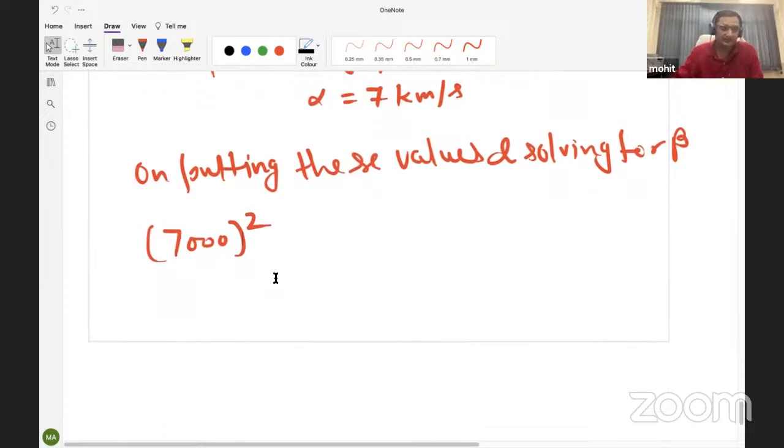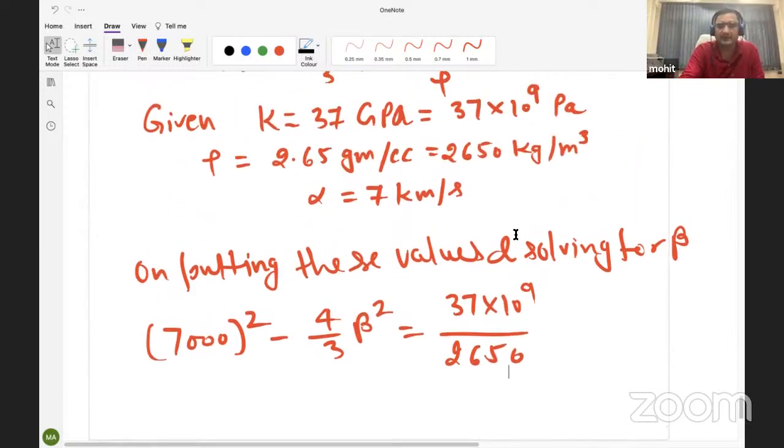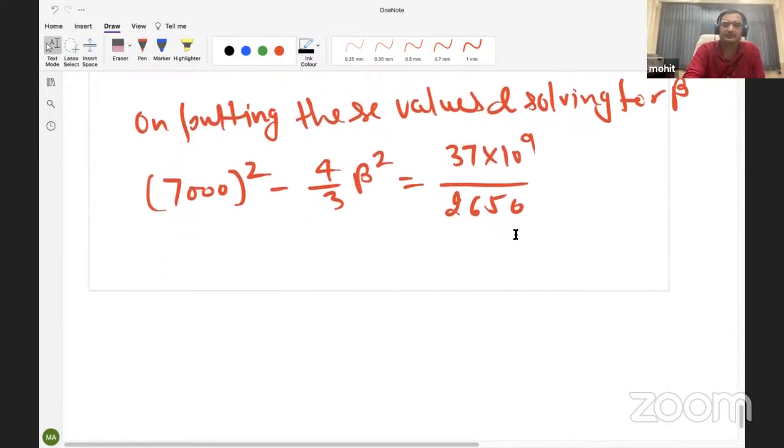So 7,000 square minus 4 by 3 beta square is equal to 37 into 10 to the power 9 divided by 2650. So this is your density that we just saw in kilogram per meter cube.